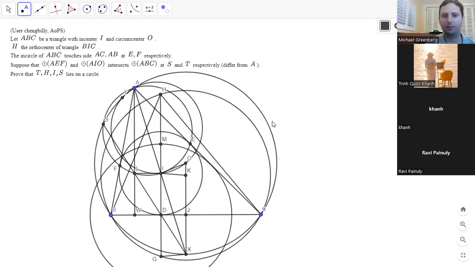So yeah, we added a couple points to the diagram, like point X. S is the Sharkey-Devil point. I think this is an isosceles trapezoid right here. I don't know if that helps.